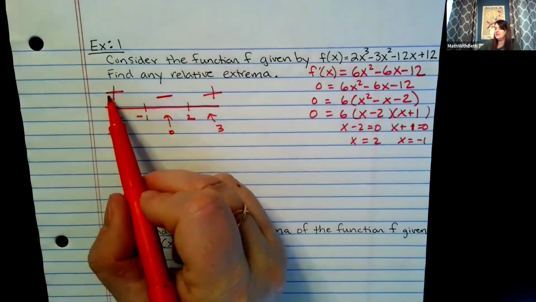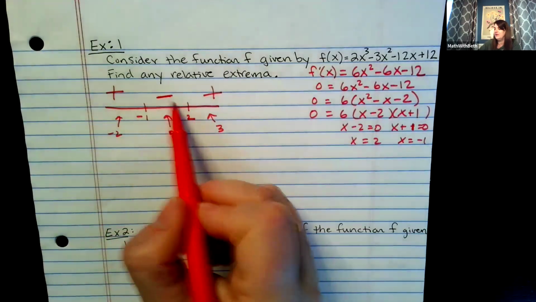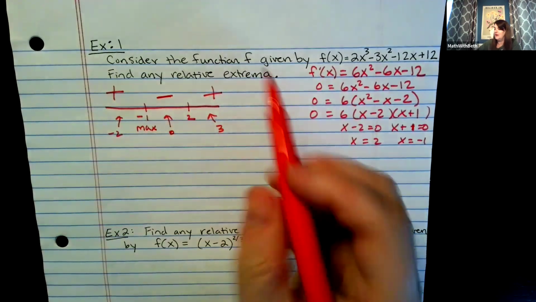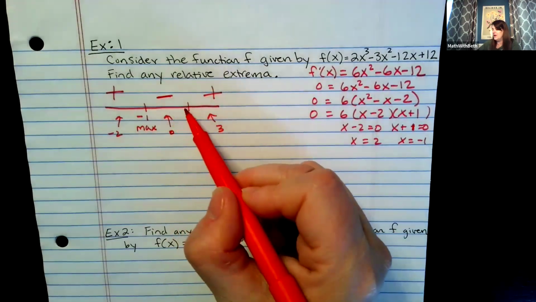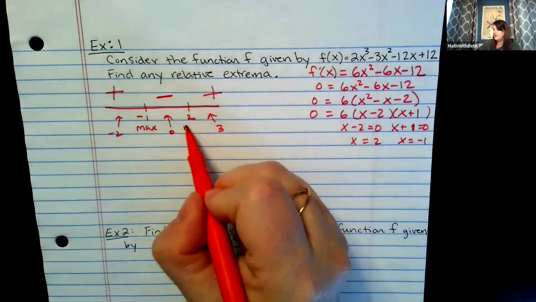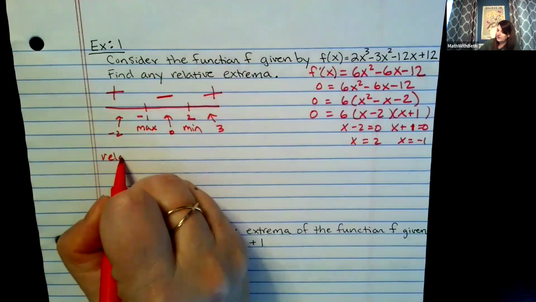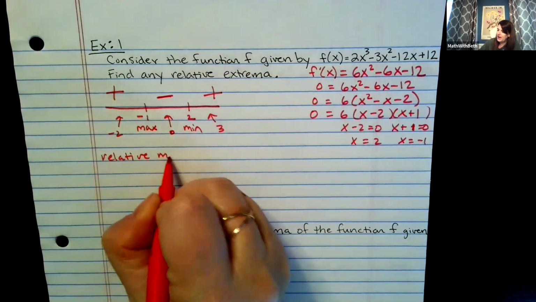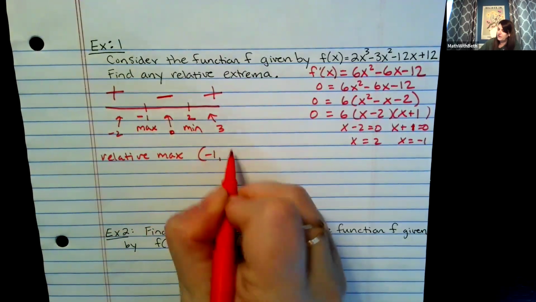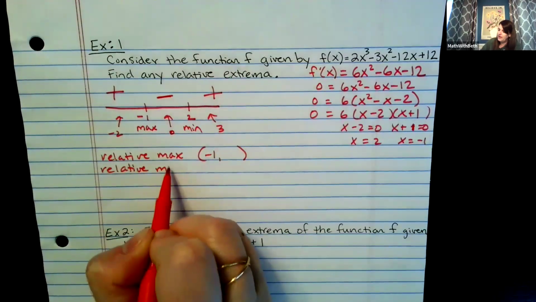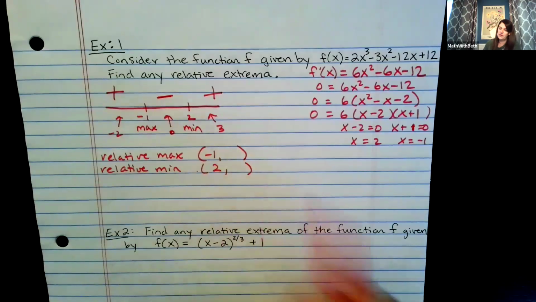But basically, because this is increasing here and then decreasing, I know this one's going to be a max. And because we're going down and then up, this one will be a min. So I have a relative max at -1 something and a relative min at 2 something.